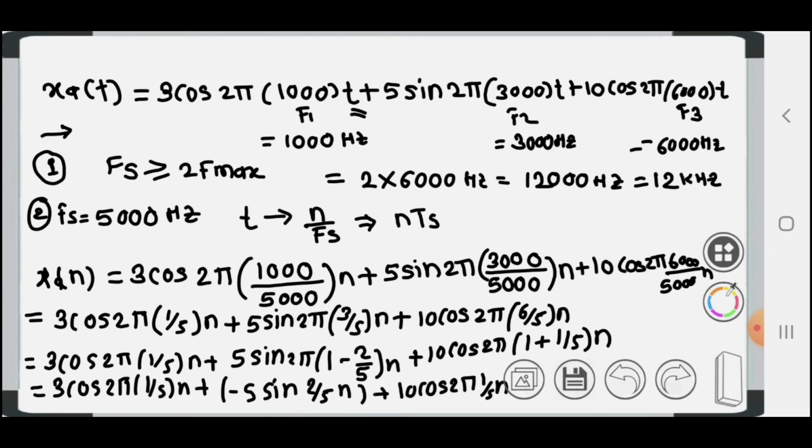So we have to simplify this DT signal up to the last level.